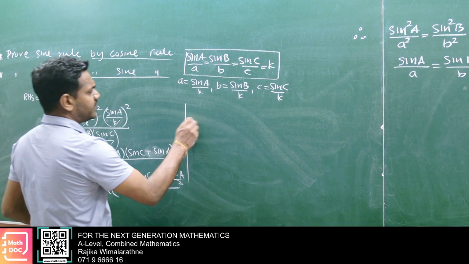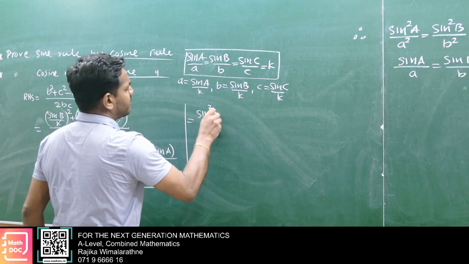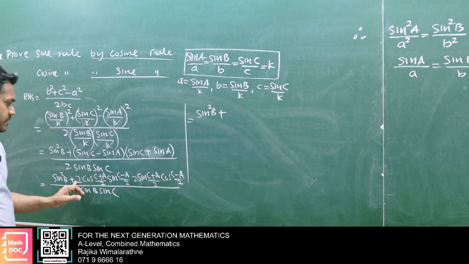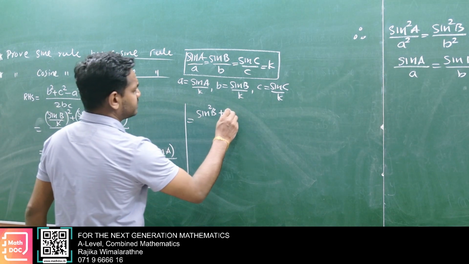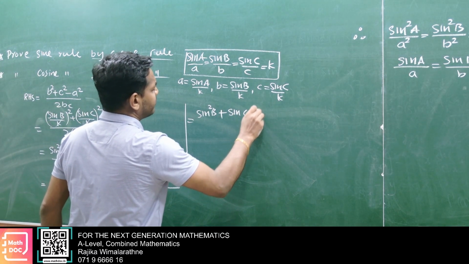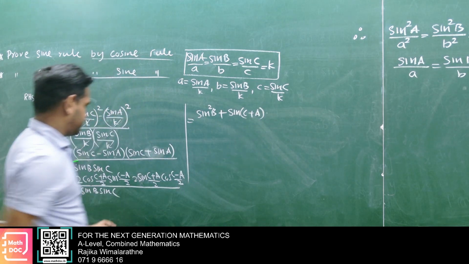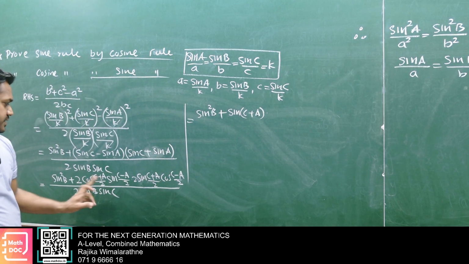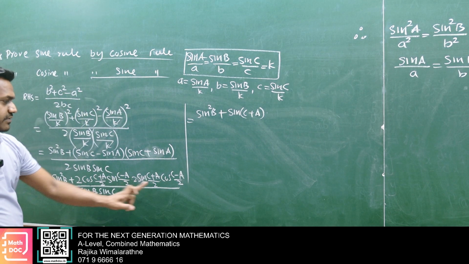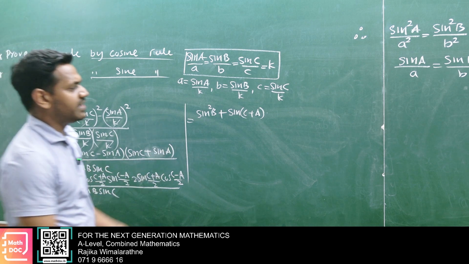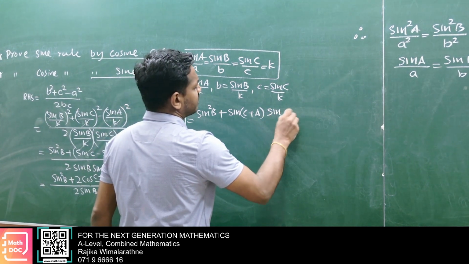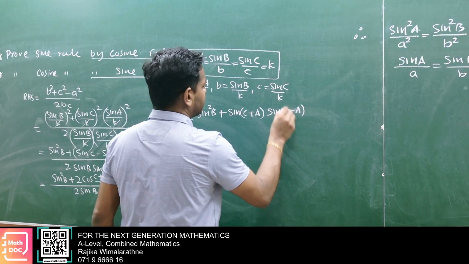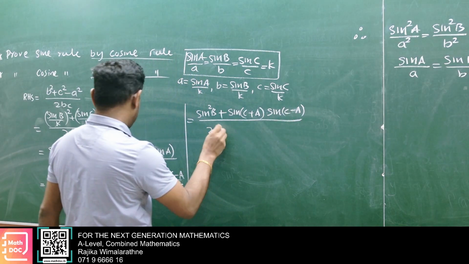Then we get sin² B, with sin B times 2 sin((C + A)/2)..., cos((C − A)/2), sin(C − A), divided by 2 sin B sin C.